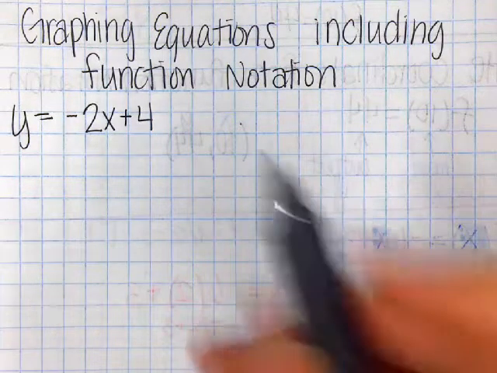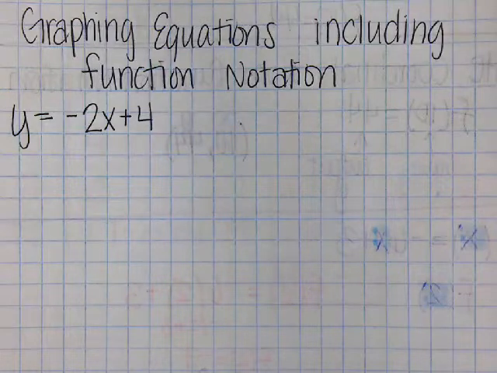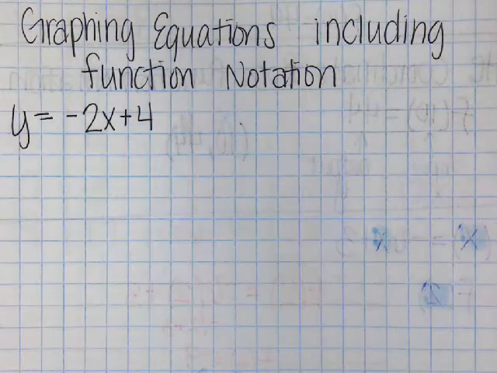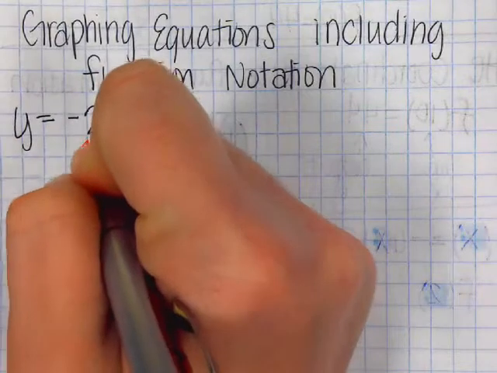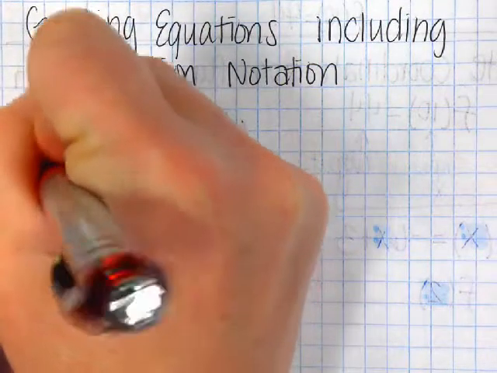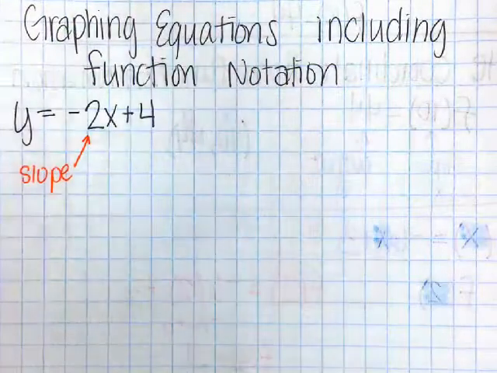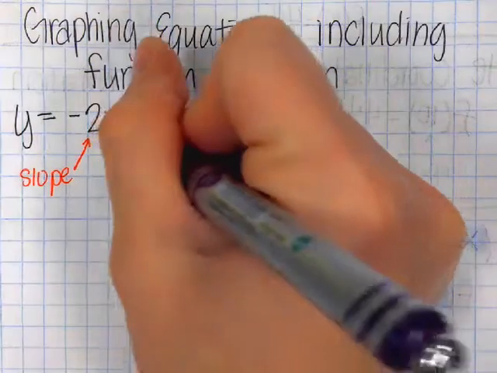So we will be soon talking about other different ways that you can write the equation, but this is currently written in slope-intercept. So the -2 again is the slope, and then the 4 is our y-intercept.